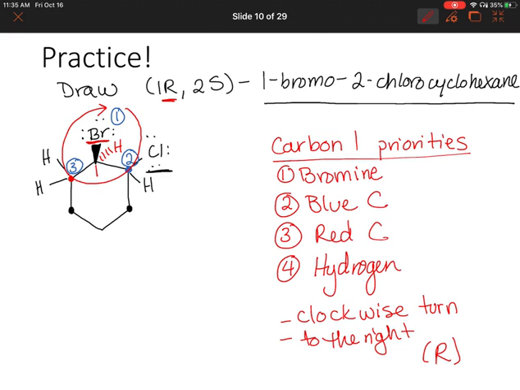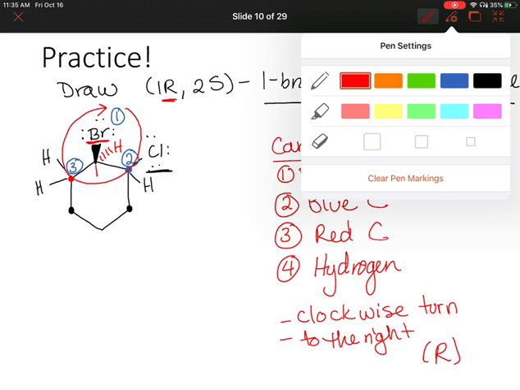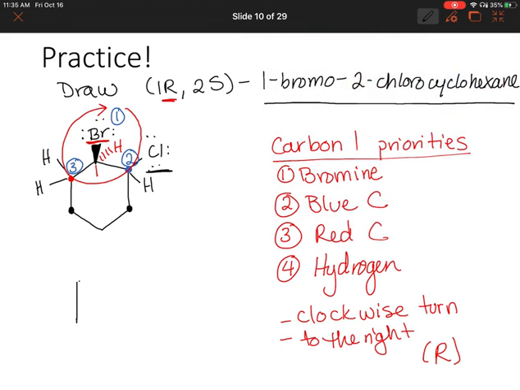Okay, now let's go over carbon 2. So I'm going to redraw the molecule. We verified that bromine is in a wedge position, but we don't know if chlorine should be in a wedge position or a dashed position. So I'm just going to pick a dashed position, and then we'll see if that is correct.